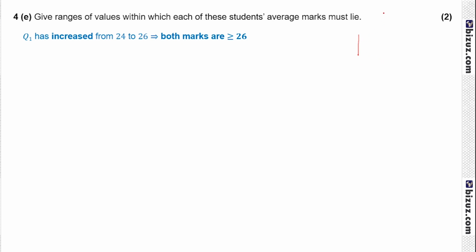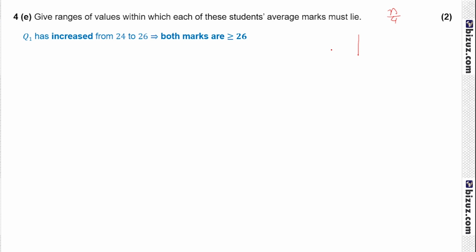Now, one thing, they actually haven't told us the sample size, or n. However, since it's increasing by 2, we can say that at most the position of Q1, which is n by 4, is going to increase by 1. It might not, but at most the position might increase by 1.